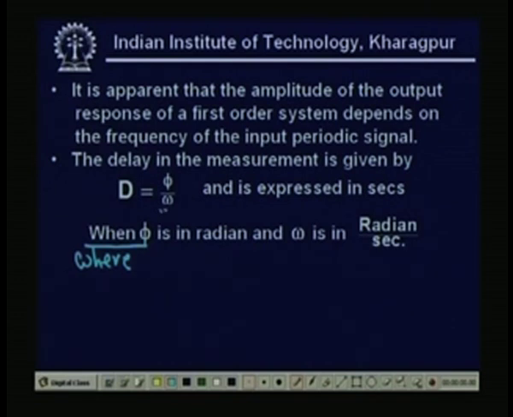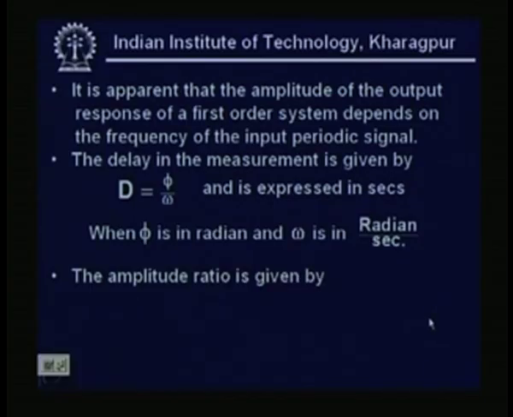Now, delay in a system is important. In many cases, we will find we cannot allow delay. In some systems, we will find that we have to accept this delay, because this delay is a natural phenomenon, like a phase shift. The only thing is we have to make the delay the same for all the frequencies.